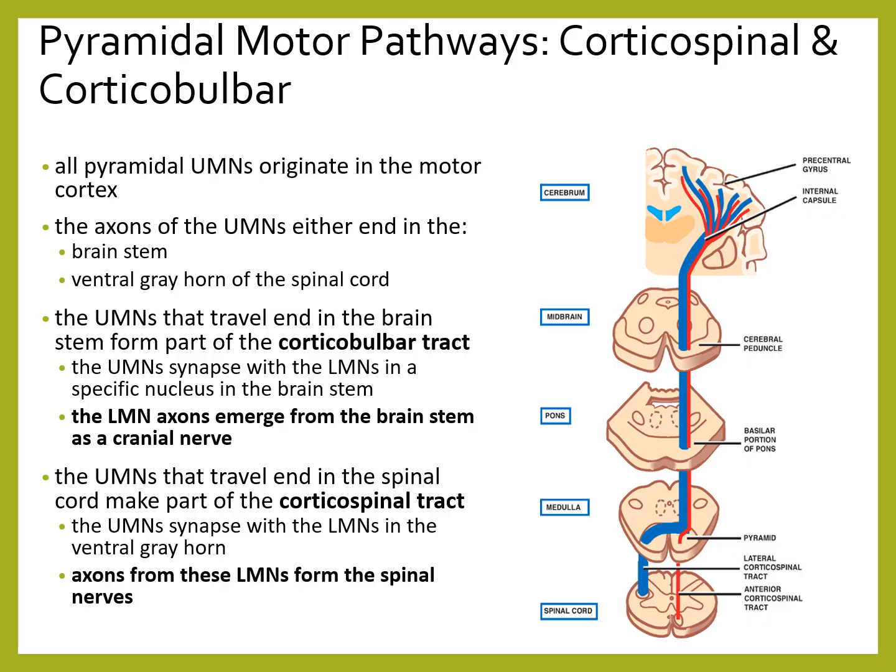The upper motor neurons that go through the brainstem and end up at some level of the spinal cord are going to make up the lateral or anterior corticospinal tracts. These upper motor neurons are going to stop in the ventral gray horn at some level where they're going to synapse with the lower motor neurons. And the axons from these lower motor neurons are going to form the spinal nerves.